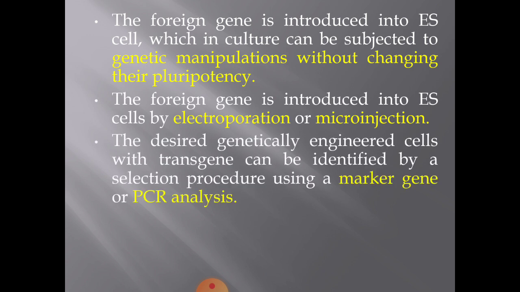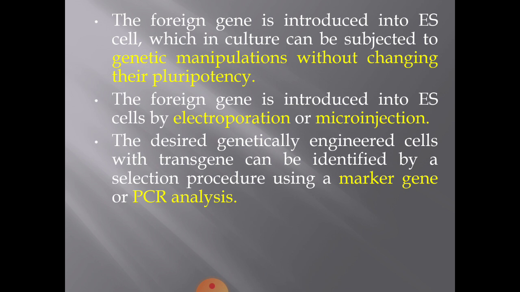Once the desired genetically engineered cells with the transgene are ready, they can be identified by selection procedures. Either you will make use of PCR analysis, that is polymerase chain reaction analysis, or you can make use of marker genes.